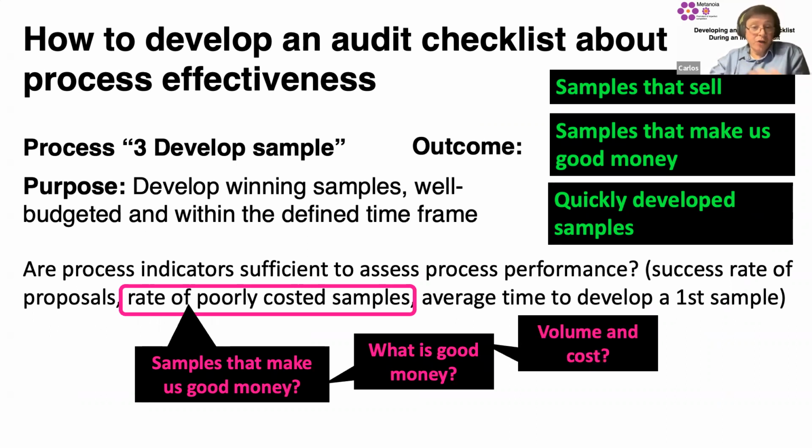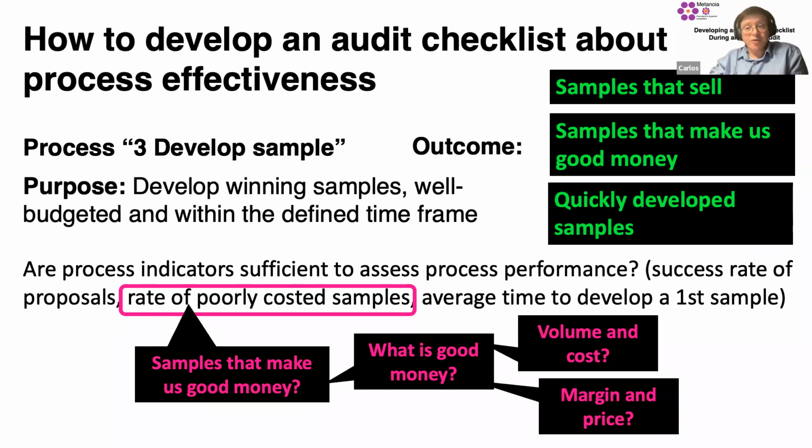Volume and cost, or margin and price? We can have well-budgeted samples with lousy margins, for example. That will not be good if the strategic orientation is around margin and price. Or we can have lower margins without volume, for example. That's bad also.